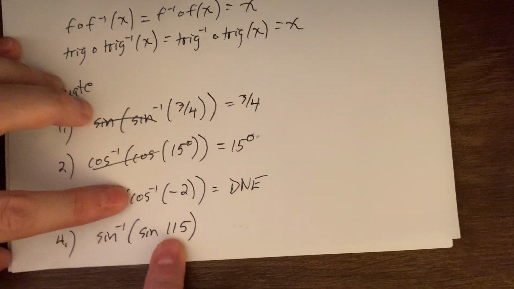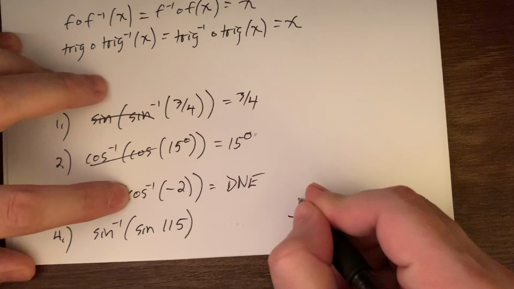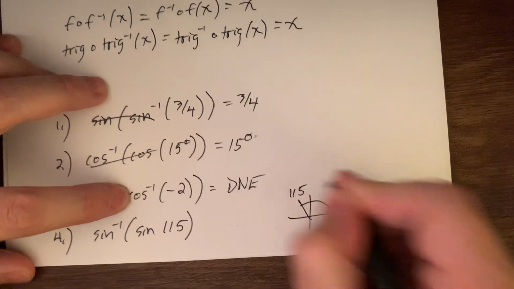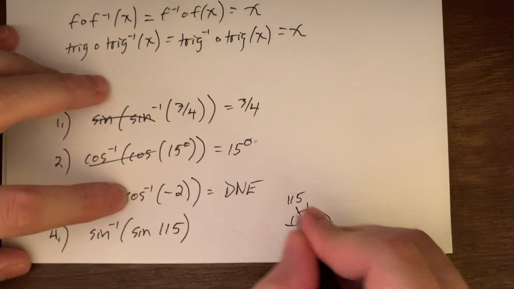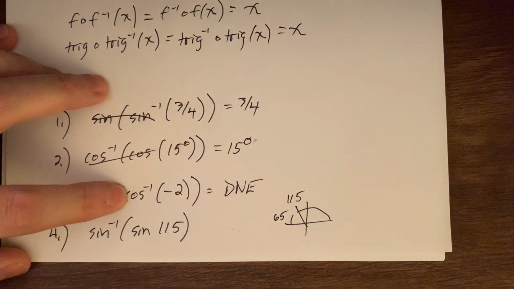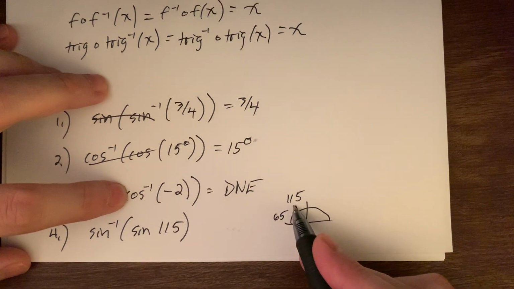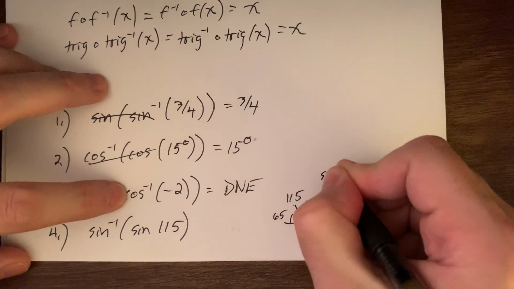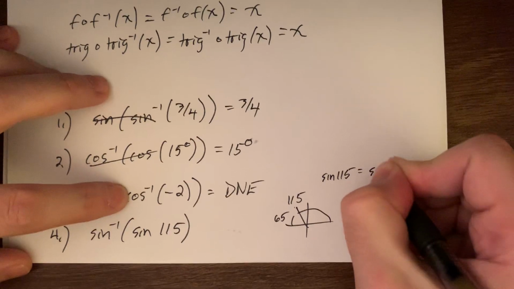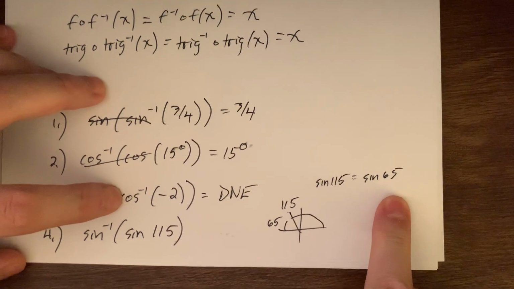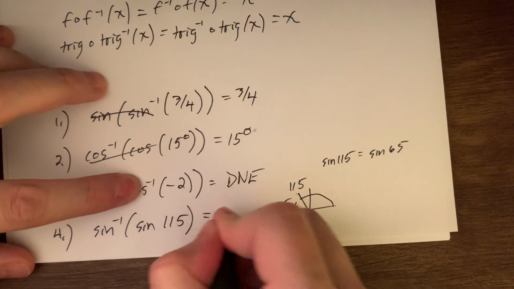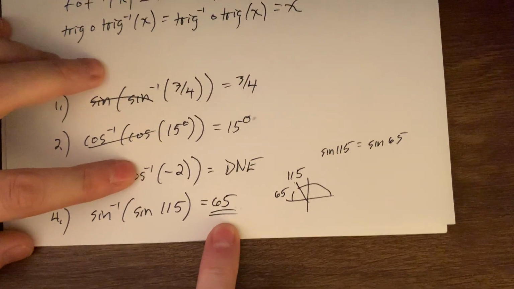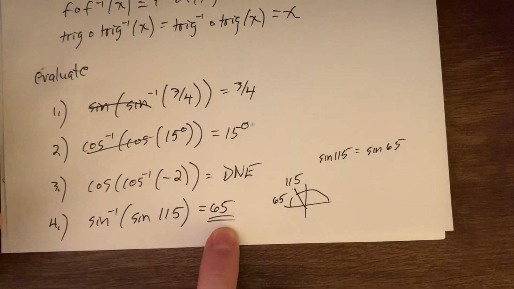So for this one, we'd have to realize, well, 115 would be in the second quadrant, so that would have a reference angle of 65 degrees, and sine is positive in this quadrant. So therefore, sine of 115 is the same as sine of 65, and now 65 is in the window that we want, so this answer is just 65 degrees.